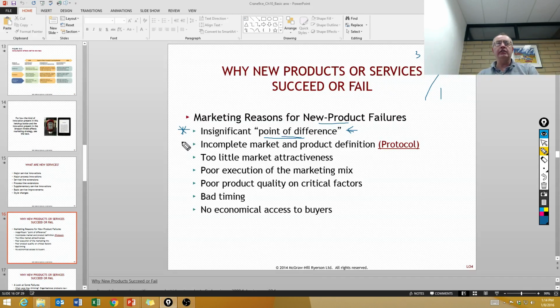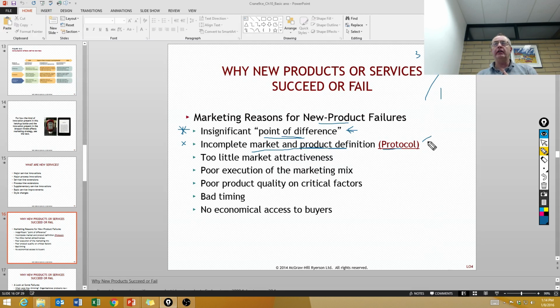And then a second most common reason why new products fail in the marketplace is the purpose of the product not being clearly defined. So this is a protocol statement, which specifies what the new product is supposed to provide, what benefits the consumers are supposed to receive, and what the target market is for the particular product.